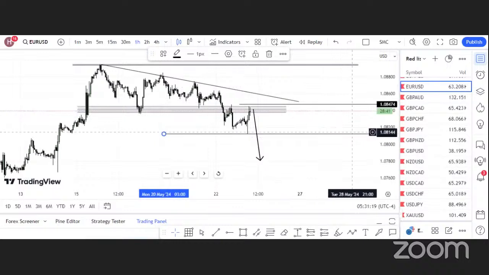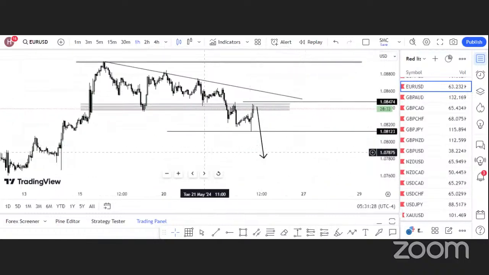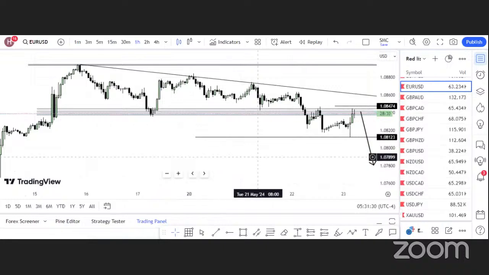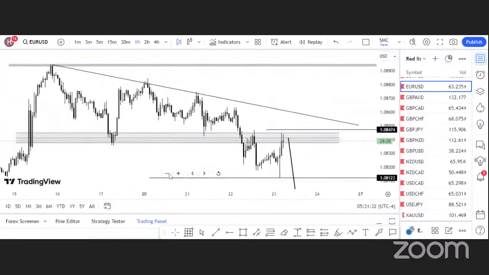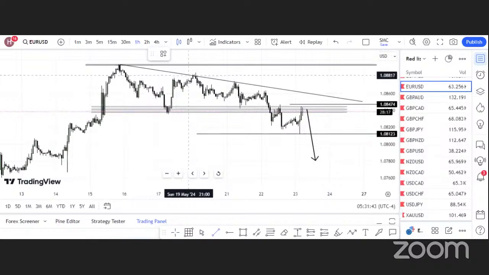Okay. So we have the stop loss. We have the take profit. So now let's continue with our lesson here. All right. So as I was explaining earlier, our trend line.